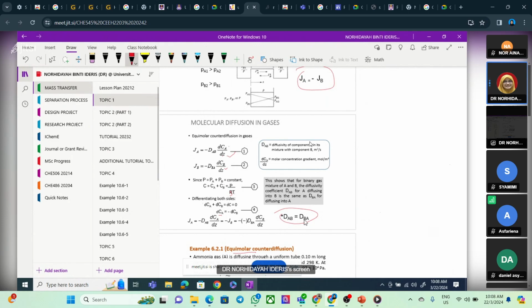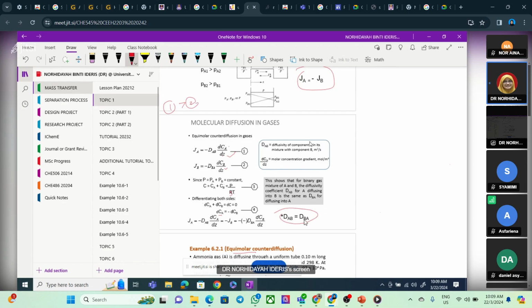So right now we would like to prove that DAB is equal to DBA. Please recall why the notation of negative here: because CA2 minus CA1 or CB2 minus CB1 will give you a negative sign. The concentration at point 1 is always bigger compared to the concentration at point 2.